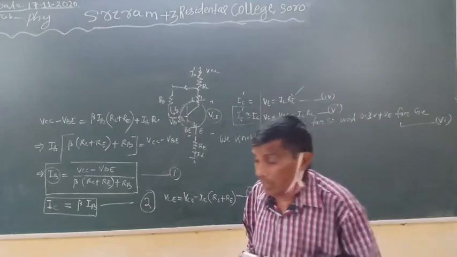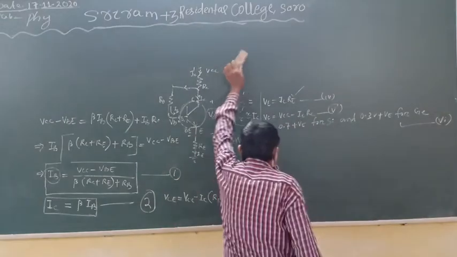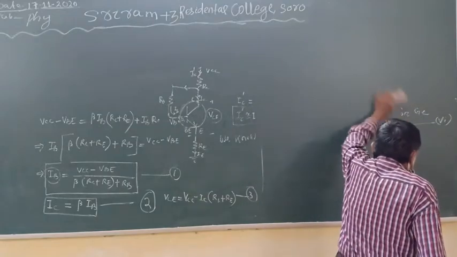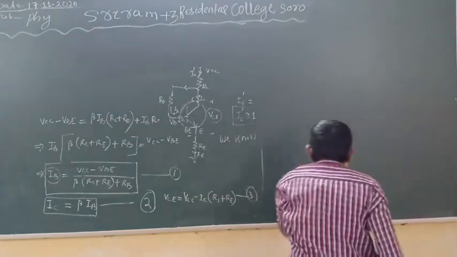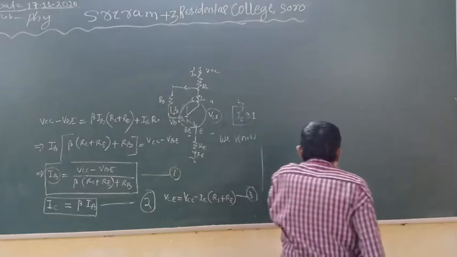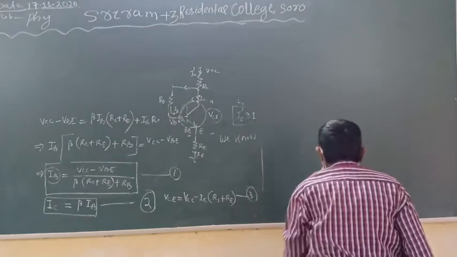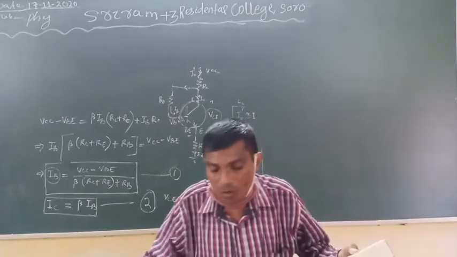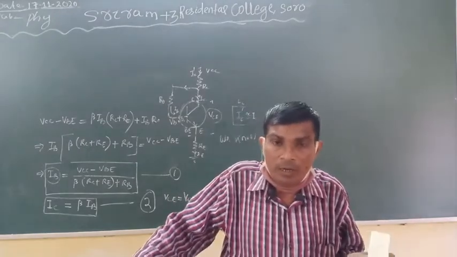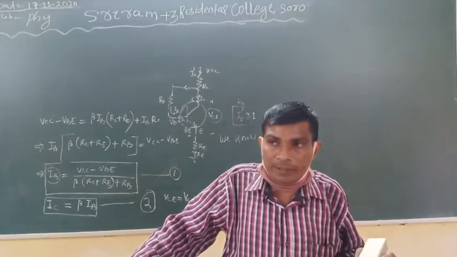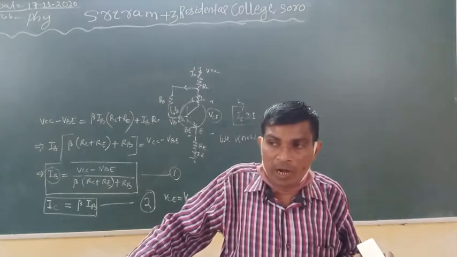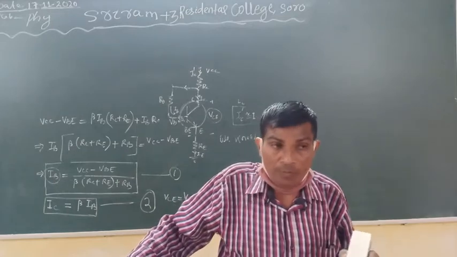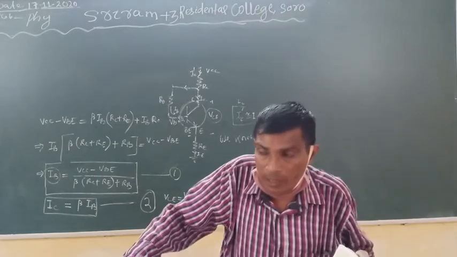Now we again discuss the DC load line. This load line is an inclined line, a graphical representation of voltage versus current.